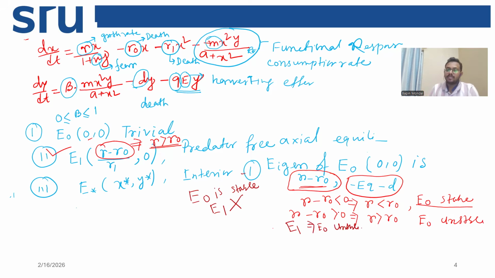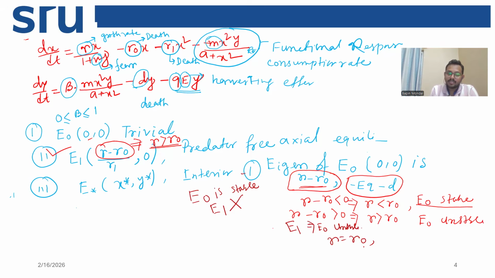So one equilibrium point changes its stability at R equal to R0, and at the same point another equilibrium point comes into existence. So this is the point where the system experiences a transcritical bifurcation with respect to R.